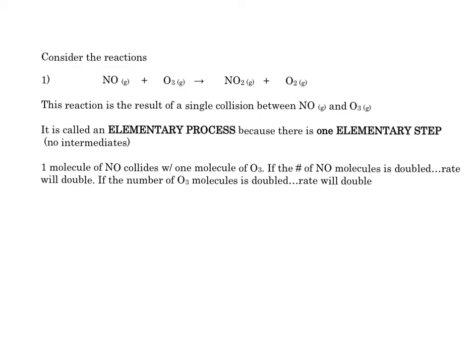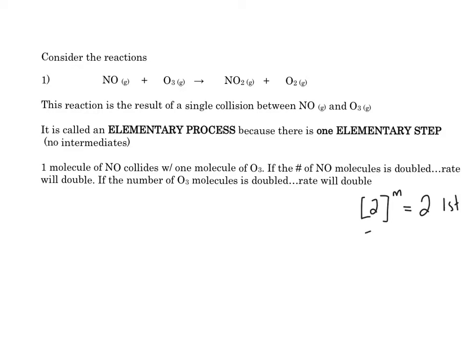So how do we write that? The concentration doubles, and then the rate doubles. So it is first order with respect to NO. If the number of ozone molecules is doubled, the rate doubles.